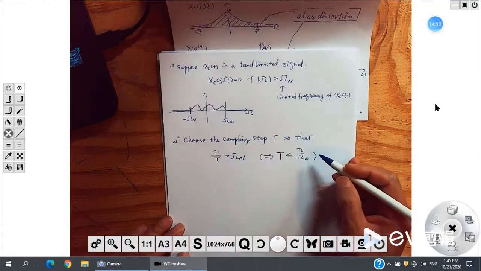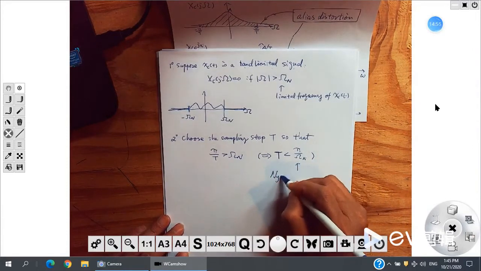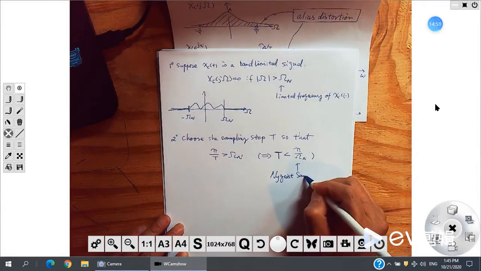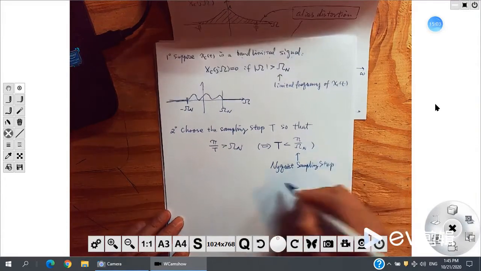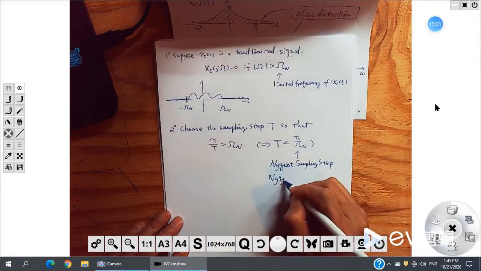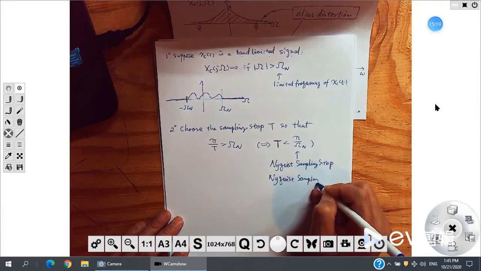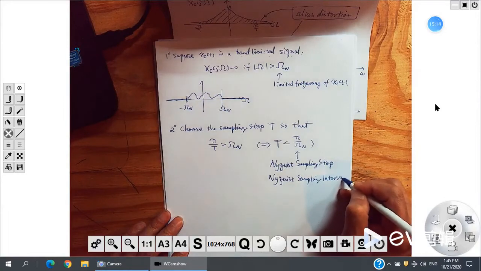And we have a name for this. We call this number the Nyquist sampling step, or Nyquist sampling interval. The same meaning.